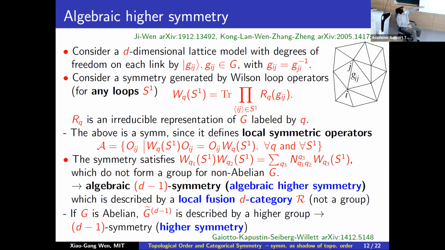Because when you have a flat connection, the Wilson loop operators all become one. However, when you wrap around the system differently, they do not commute. So that's a spontaneous breaking of this algebraic higher symmetry. Yeah, very good question.